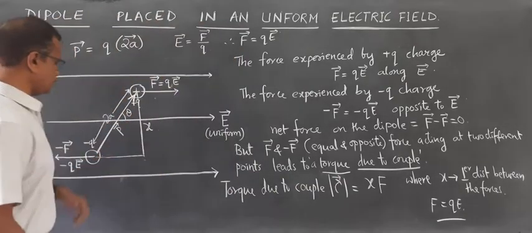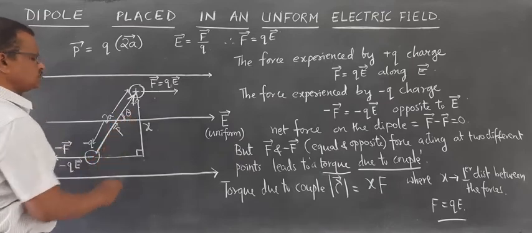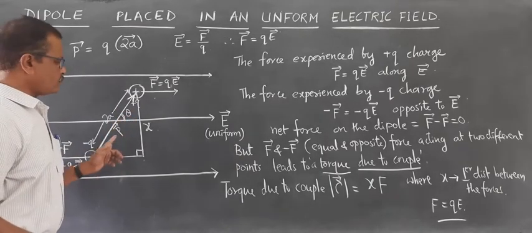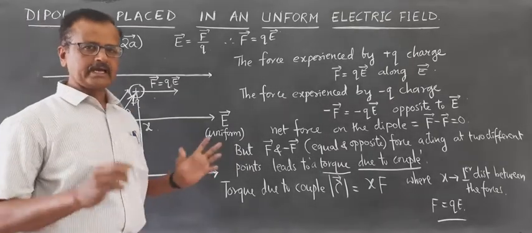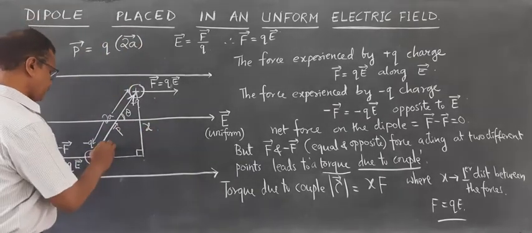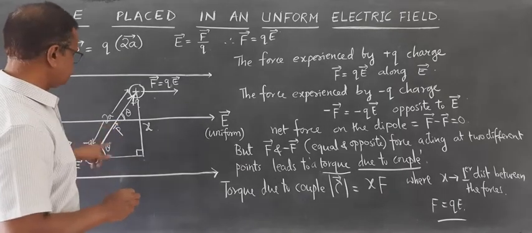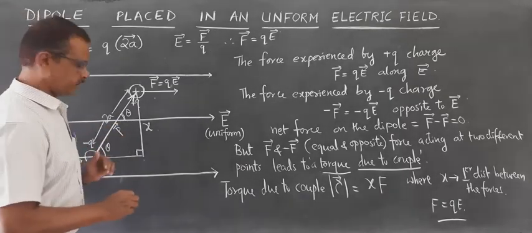Look at this right angle triangle. From this right angle triangle, we have taken theta as the angle of orientation of the dipole with respect to the electric field, then from the geometry, this angle is also theta, similar angle. They are equal.